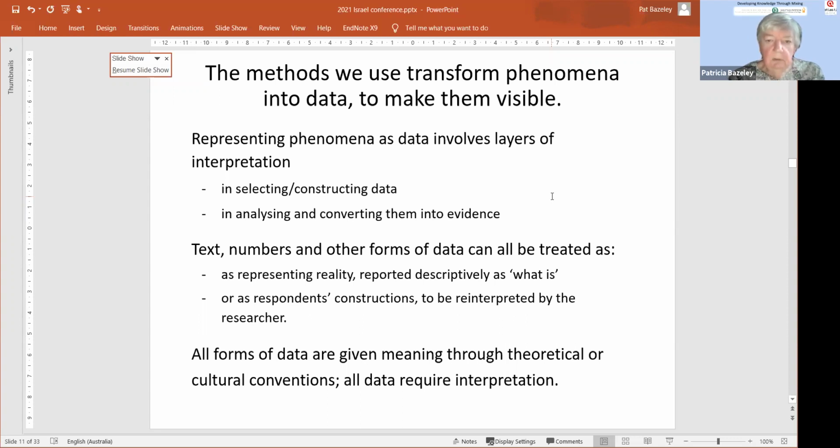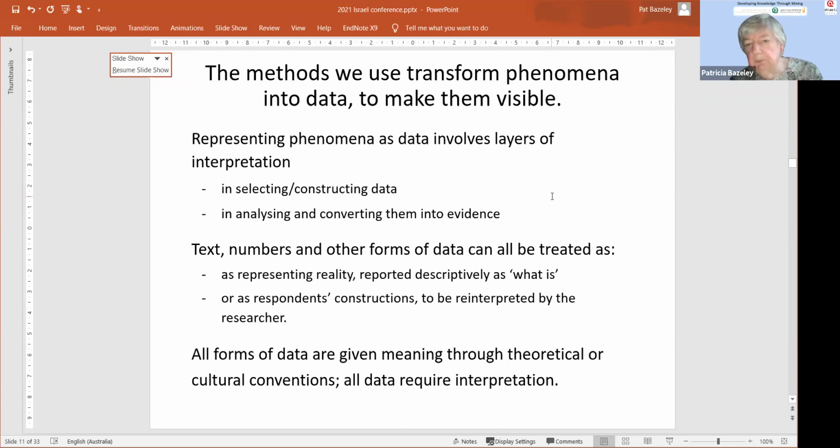Text, numbers, and any other form of data can be treated as representing reality, and reported descriptively as what is. Or it can be treated as respondents' constructions to be reinterpreted by the researcher.